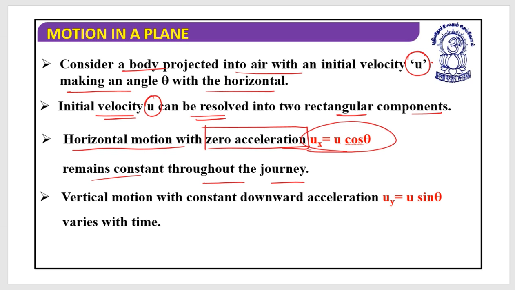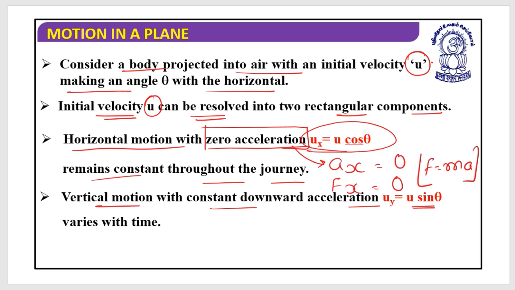You must understand that as acceleration in the x direction is 0, force in the x direction must be 0, because you know that F equals m into a, and as acceleration is 0, force would be 0. One more thing: vertical motion is there with constant downward acceleration. So ay should be equal to minus g.